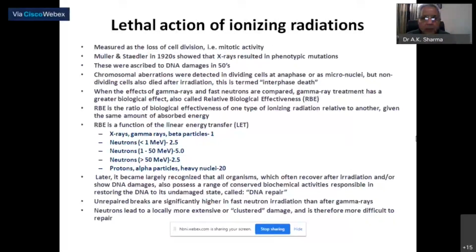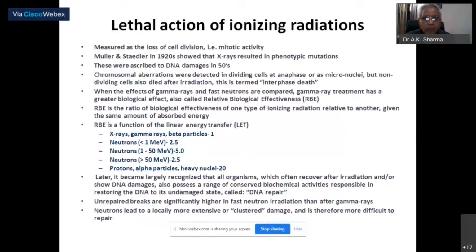And in biological terms, it is called mitotic activity. That means the cell is not able to divide. See, mitotic activity is the indicator that the cell is living and dividing. On the other hand, we have meiotic activity, which is a division which happens in germ cells.